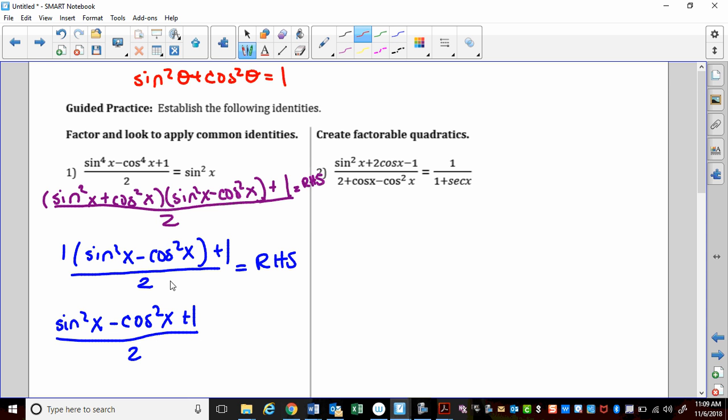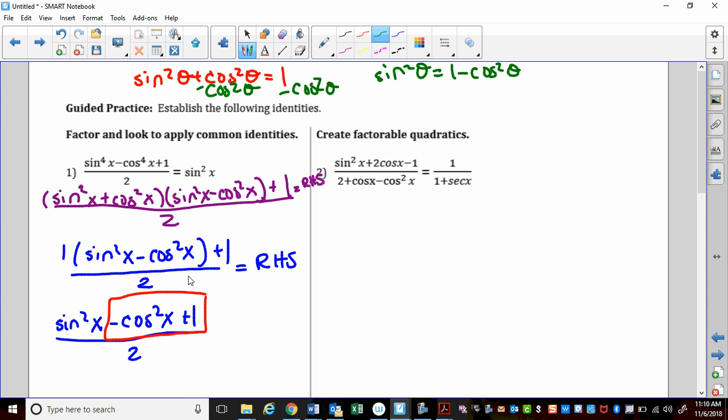But this right here is also from my Pythagorean identity. That's right here. I want 1 minus cosine of x. So what I'm going to have to do is subtract cosine squared x. And this is going to be sine squared theta equals 1 minus cosine squared theta.